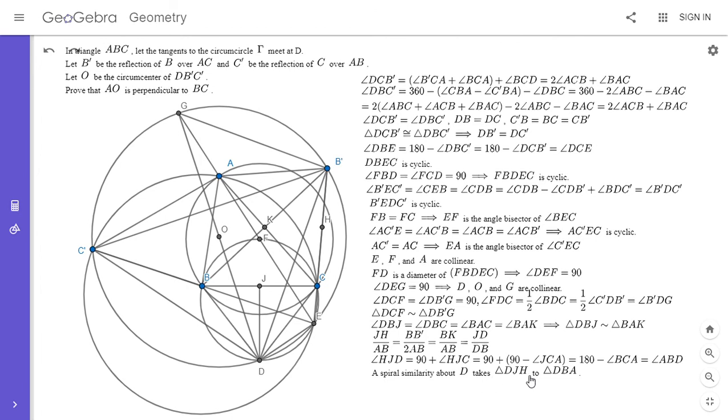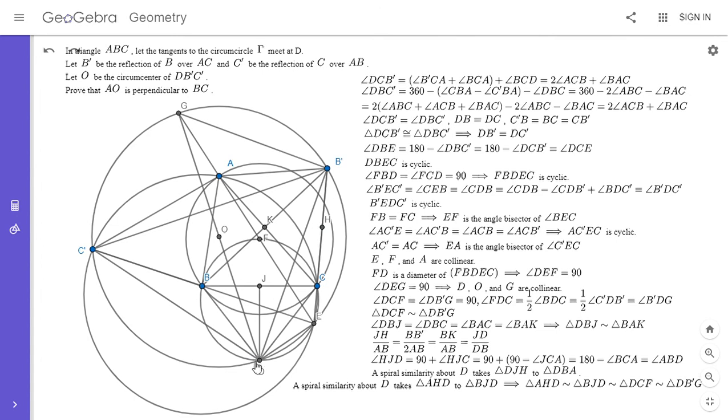So we have a spiral similarity that takes triangle DJH to triangle DBA. And for those of you that know about spiral similarities, that means it also has to take triangle DJB to triangle DHA. So I'm going to write this out. Basically, triangle AHD then has to be similar to triangle BJD.